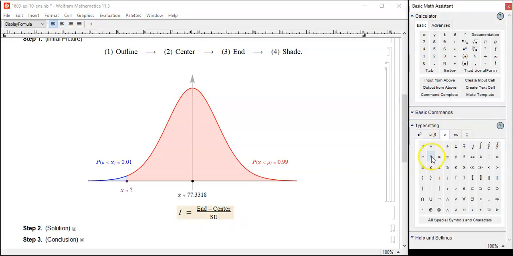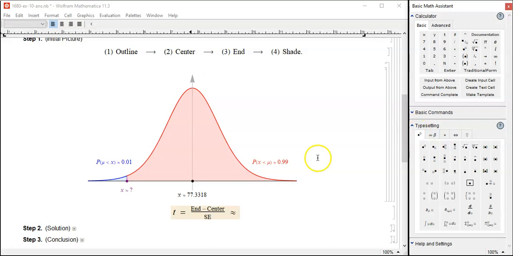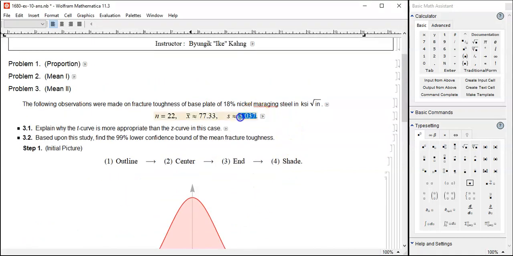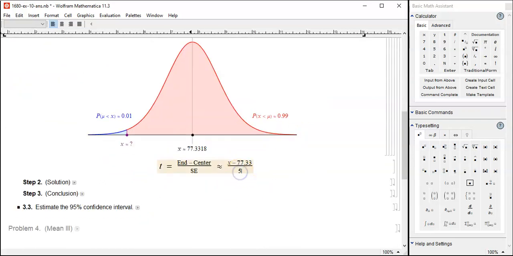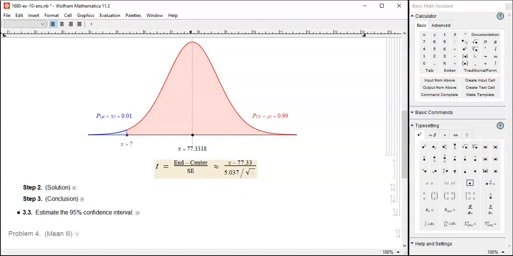Of course, if you draw the picture, that's really clear to you because the picture is pretty much the same. Now, what's the x? You don't know. What's the center? 77.33. And then what is the standard error? What's the standard deviation? 5.037. Okay. 5.037 over the square root of the sample size, 22.